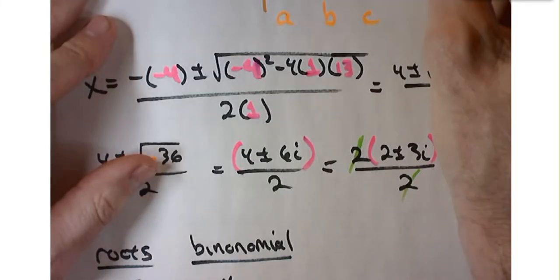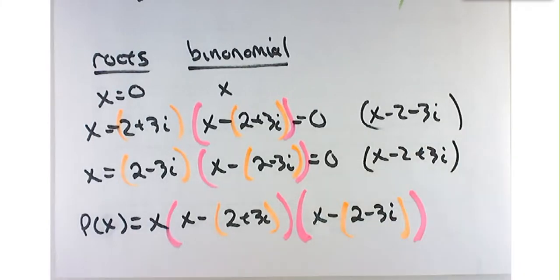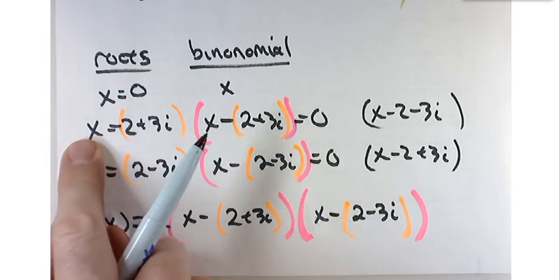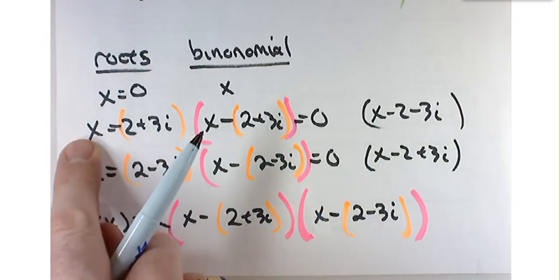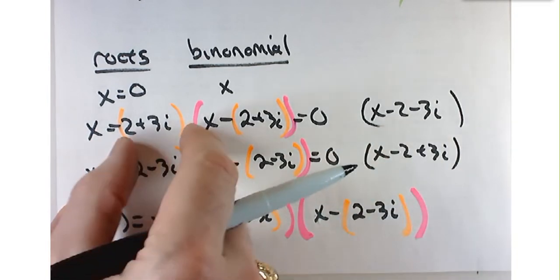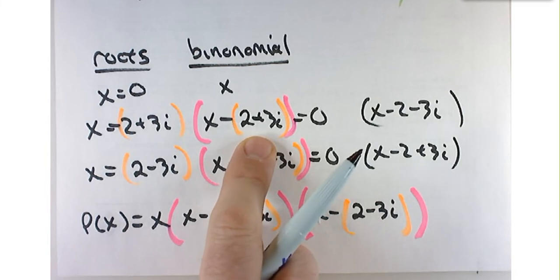So are we okay there? May I ask a question? Yeah, please do. Why did you, so like, when it's x equals 2 plus 3i, you need to set it to 0? So you move the whole thing? Yeah, I moved the whole thing. I could have moved it one at a time. So if I move the 2 over, it becomes -2, and the 3i becomes -3i, and I'd get this binomial. I just picked the whole piece up and moved it over en masse, and it gave me this.